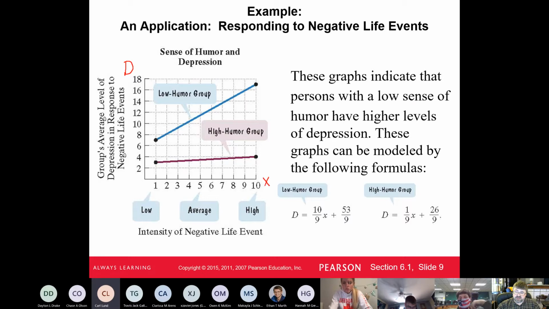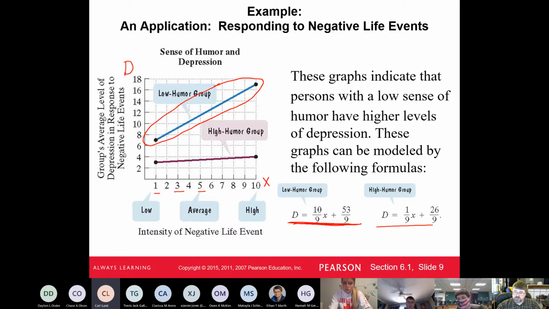And x, the horizontal axis, represents how intense the negative life event was. Was it a 2? Was it a 4.3? Was it a 7.2? Was it 8.6? Whatever. And so this model, this formula, represents this graph.